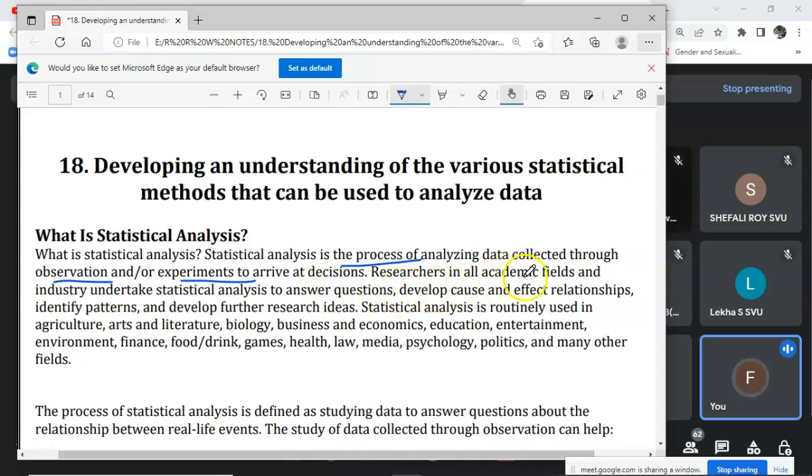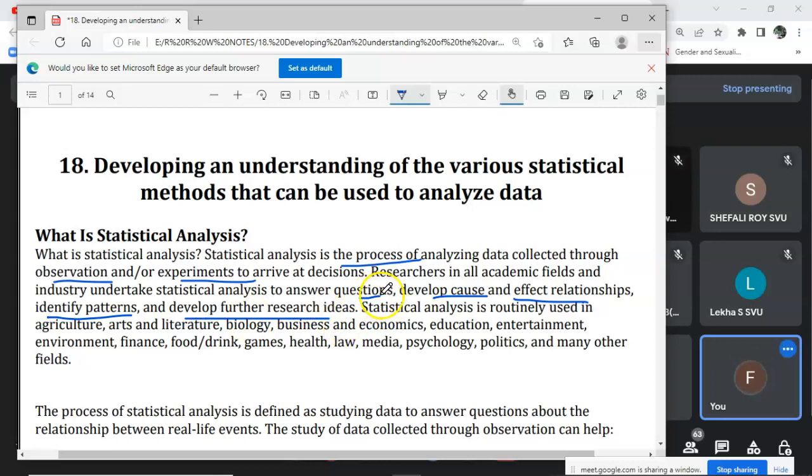Researchers in all academic fields and industry undertake statistical analysis to answer questions, develop cause and effect relationships, identify patterns, and develop further research ideas.